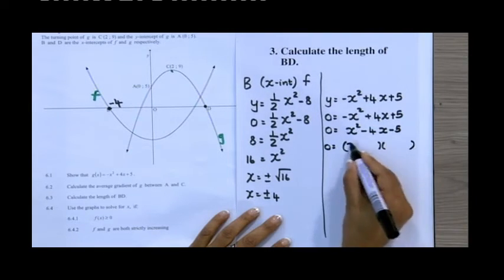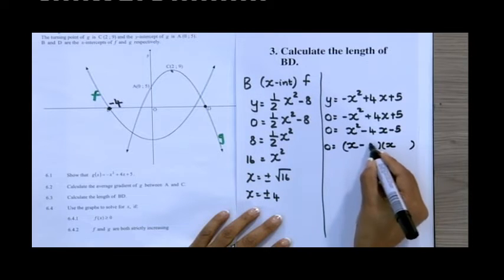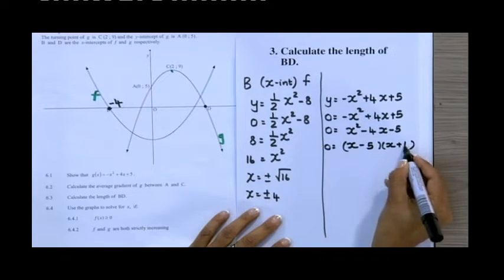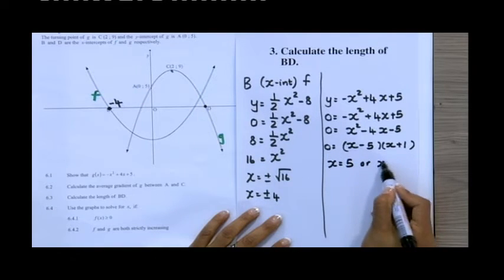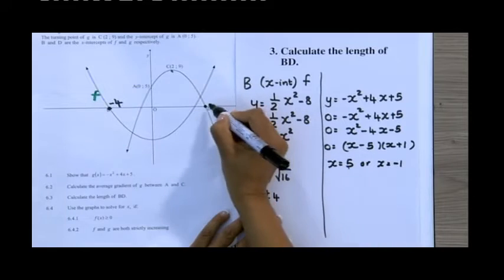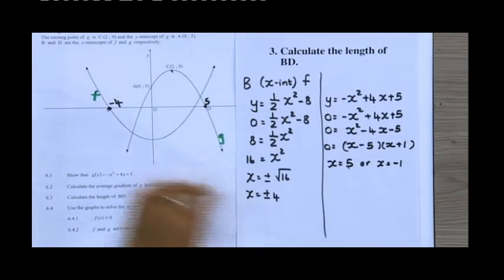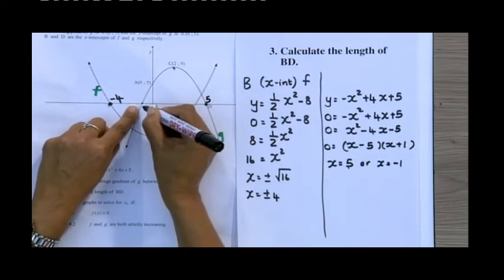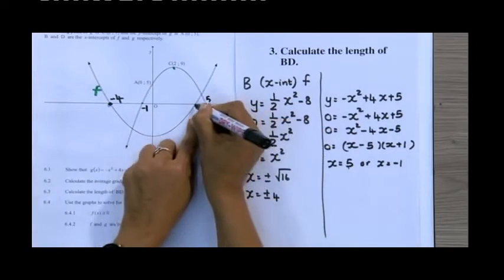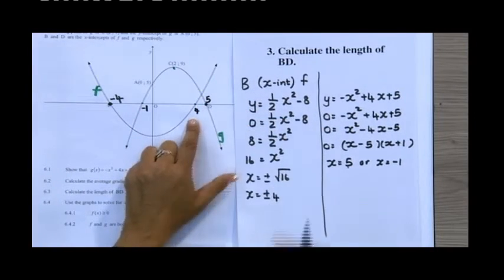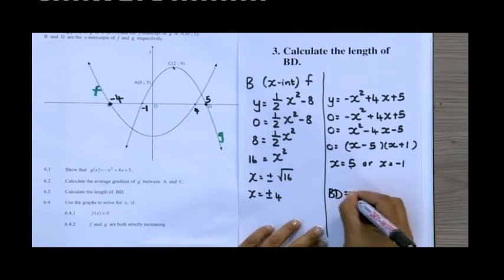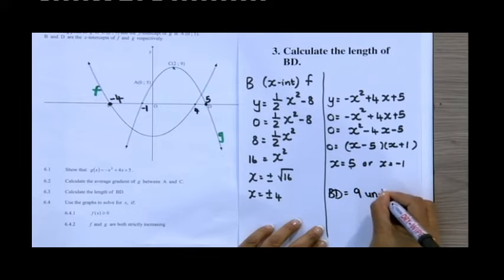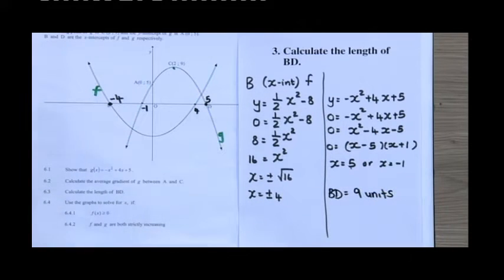Factorize it now: x minus 5, x plus 1. So what do you think? Your x is 5 or your x is minus 1? You choose the 5. Does that make sense? This point here obviously is going to be the minus 1, and this point here is going to be 4. Now what do you say is the distance from B to D? The distance from B to D is 9 units.